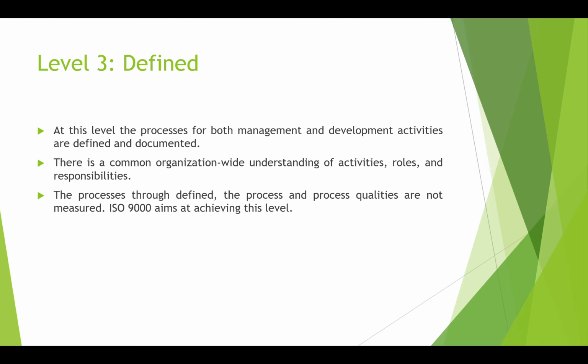A question can come up asking which level of CMM the ISO aims for, so you can tick the mark level 3. In this level, the organization achieves process definition, meaning everyone speaks the same process language.